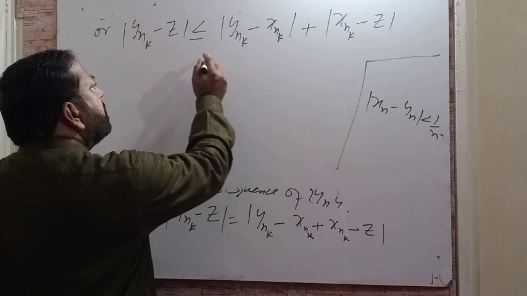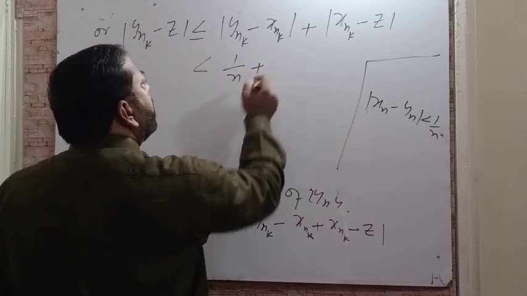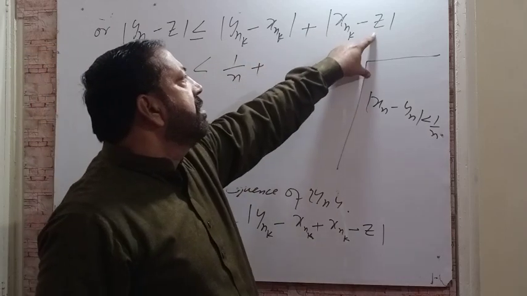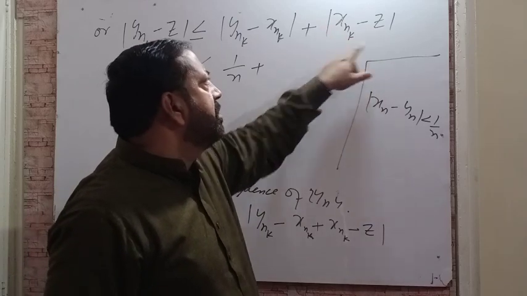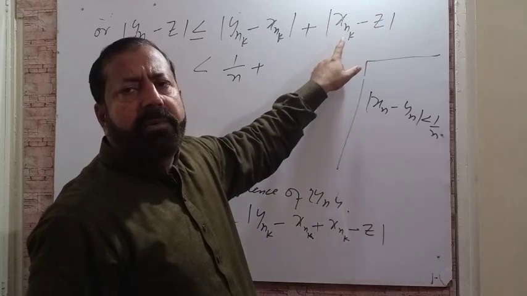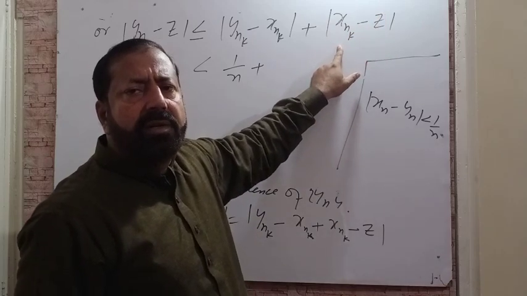That's why this must be less than 1 over n plus, since xnk is converging to z, something less than epsilon by the definition of convergence.